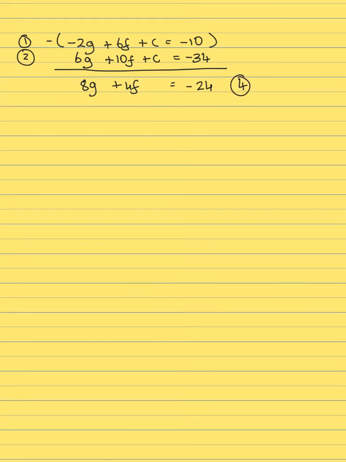Going back to equation 3, which was another equation in just g and f, that was -g - 2f = 6. And we also now have equation 4, which is 8g + 4f = -24. We can multiply equation 3 by 8, which gives us -8g - 16f = 48.